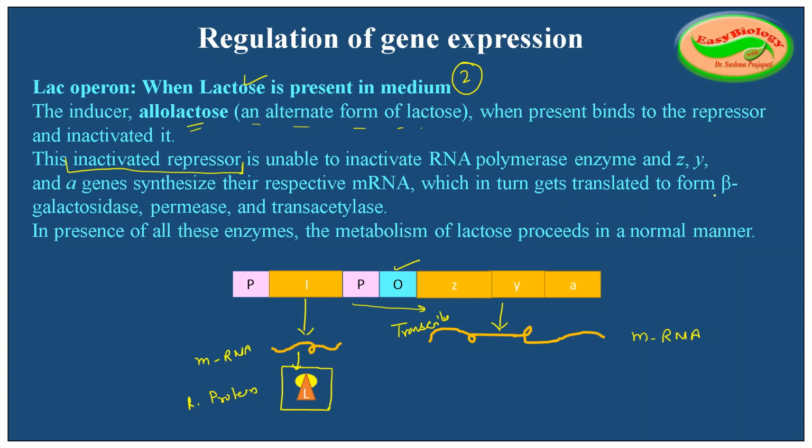Here it produces beta-galactosidase, product number 1 from gene Z, product number 2 from gene Y, this is the permease, and product number 3, transacetylase, from gene A. So we have different types of enzymes produced from this single messenger RNA.